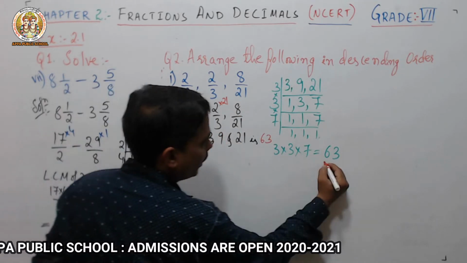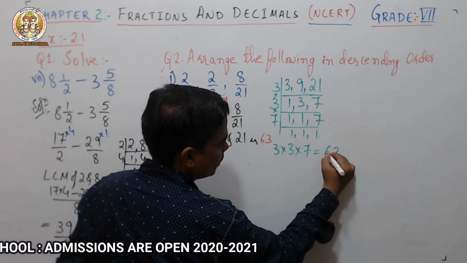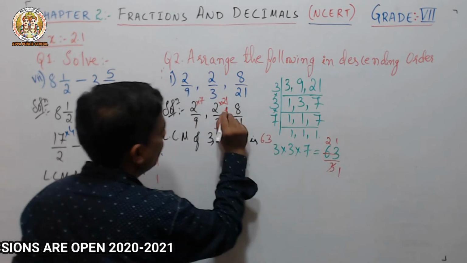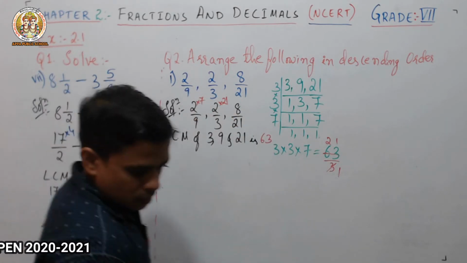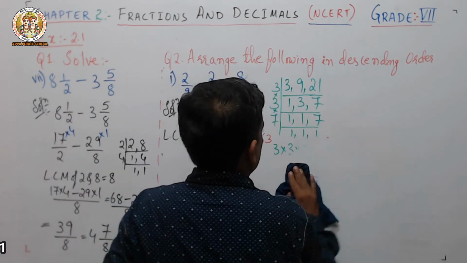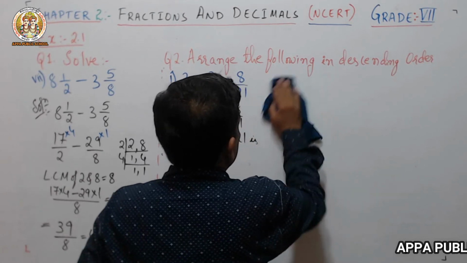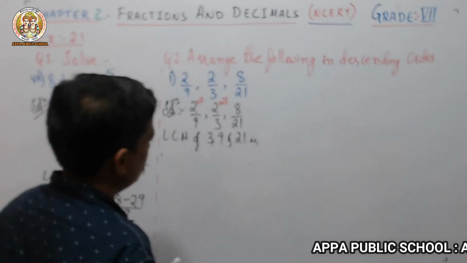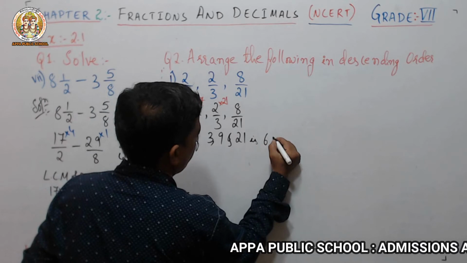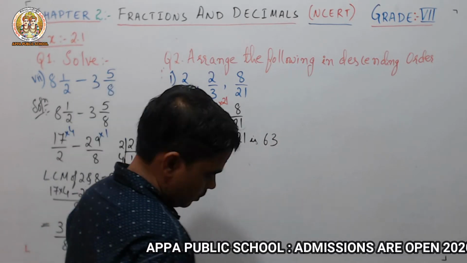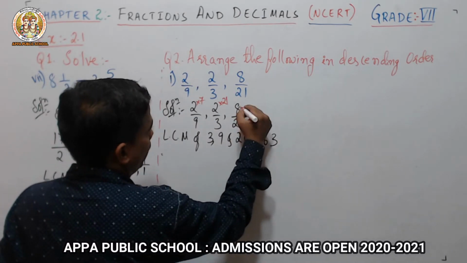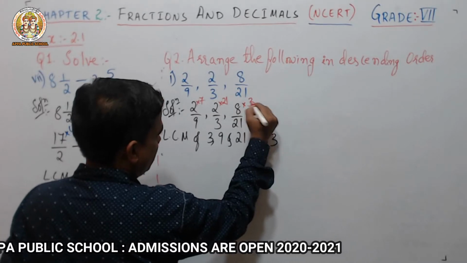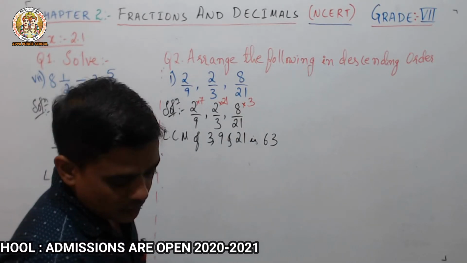If you are not getting it, divide it by 3. You got it as 21. In the 21 table, how much is 63? 3s. 21 3s are 63.